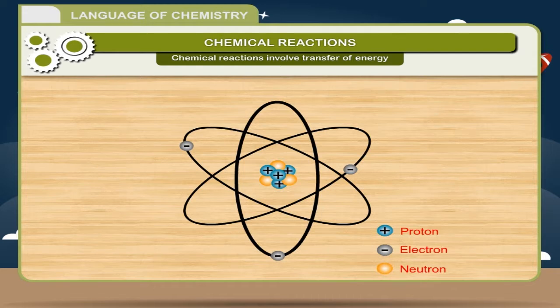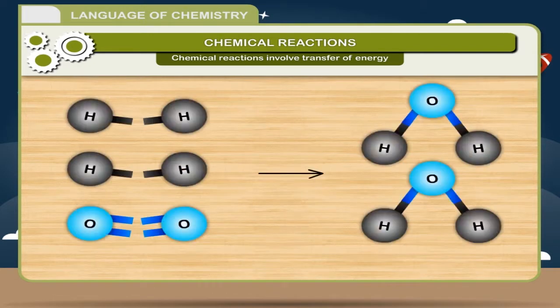So, when a chemical reaction takes place, there is transfer of energy, and while some chemical bonds are broken, some new bonds are formed. In a chemical reaction, you start with one molecule and turn it into another. Chemical bonds are made or broken in order to create a new molecule.